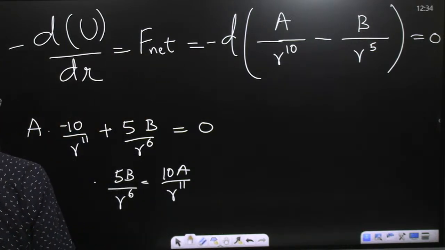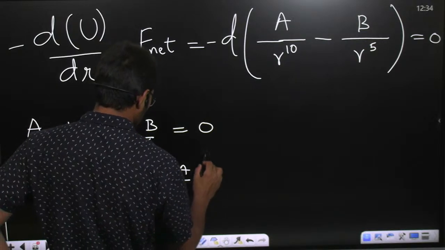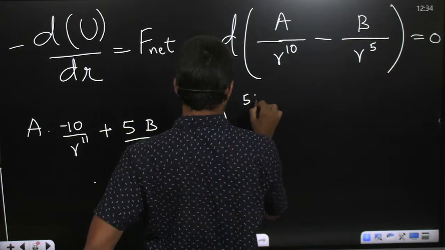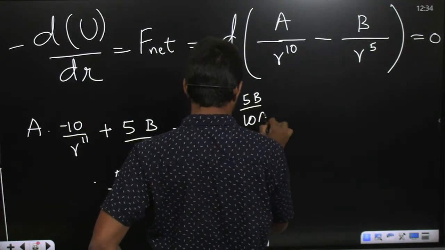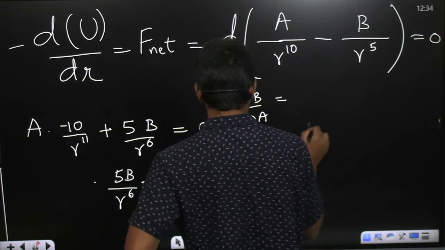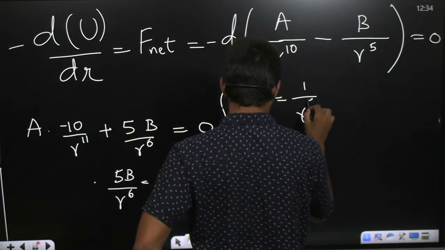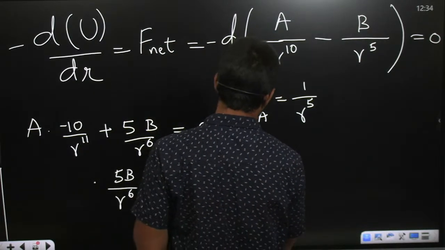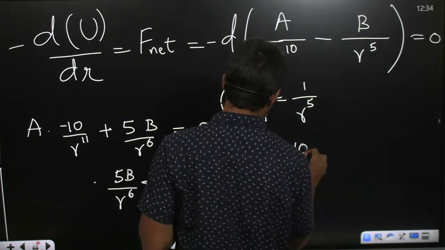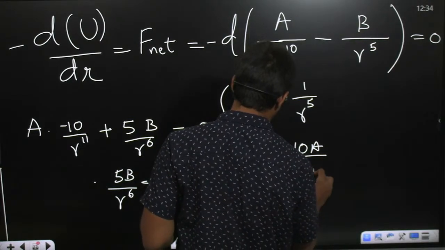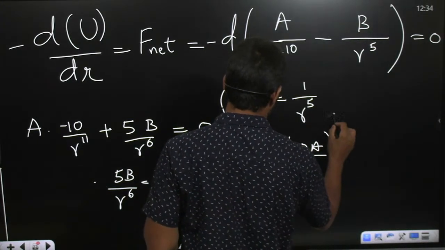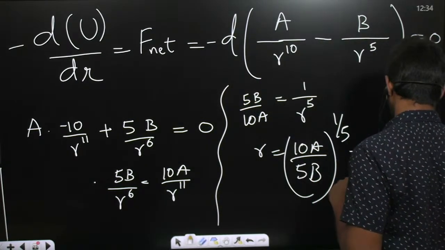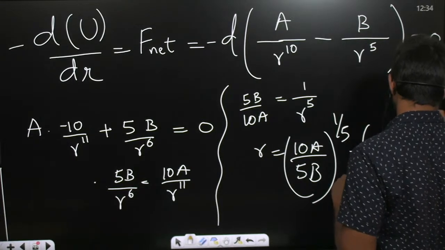So 5b by 10a is equal to 1 by R power 5, since 6 plus 5 is 11. So R is equal to 10a by 5b whole power 1 by 5, nothing but 2a by b whole power 1 by 5.